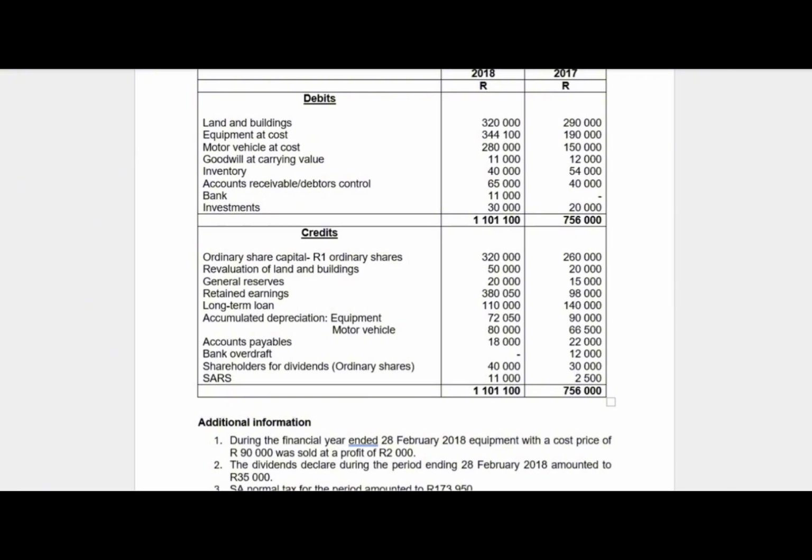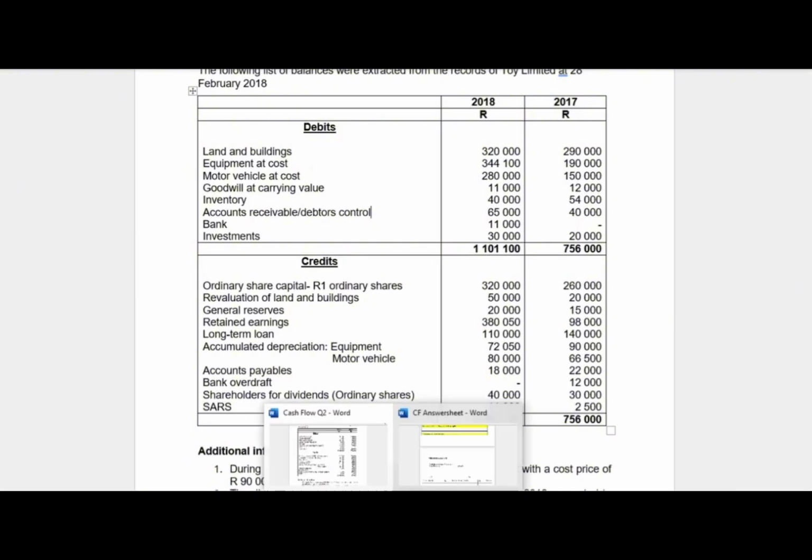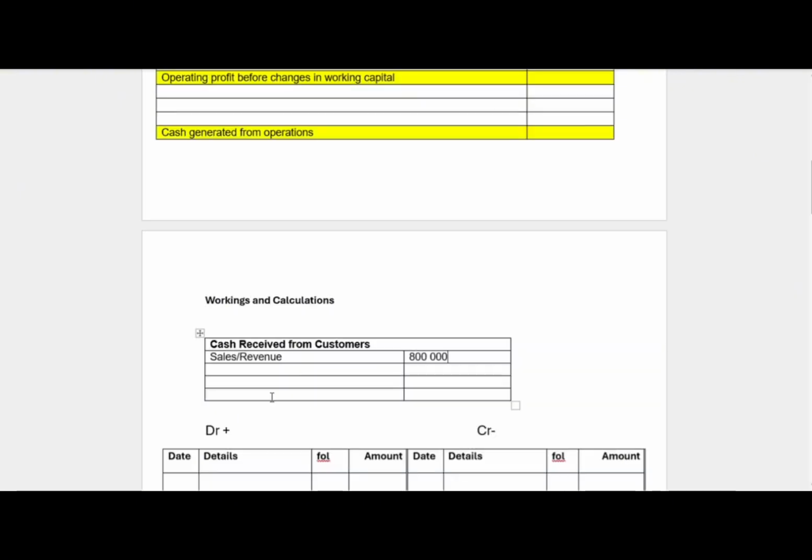As we check from the previous year to the current year, there is an increase in debtors. Remember, an increase in debtors is considered to be an outflow. So we are going to record this. We're going to say increase in debtors, or increase in account receivable.